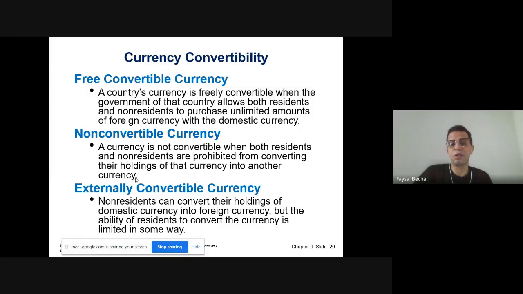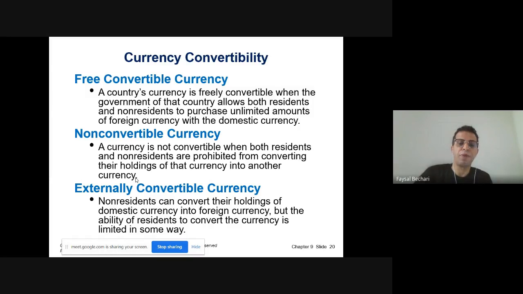A currency is freely convertible when the government allows both residents and non-residents to purchase an unlimited amount of foreign currency with the domestic currency. So you can go to UAE, Dubai, and buy $100,000, $200,000, $300,000, it doesn't matter, or you can sell it and get UAE currency. Whether you're a local or non-local, they don't care.